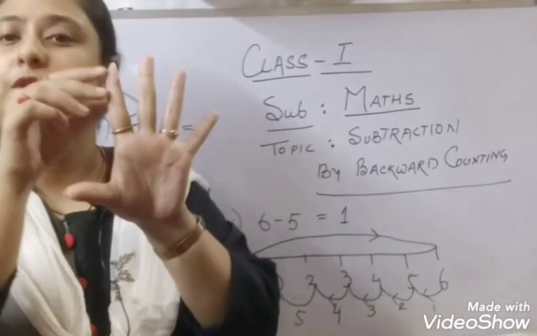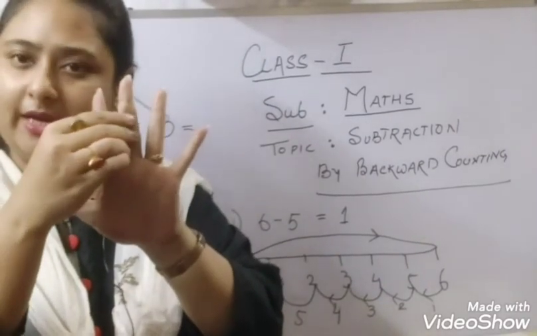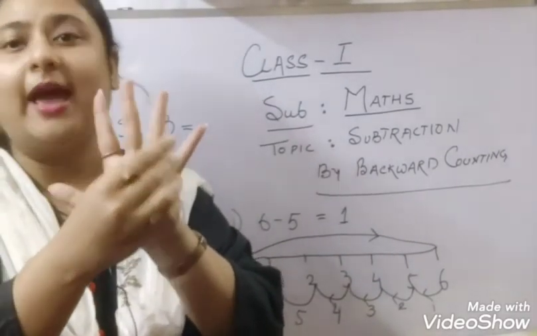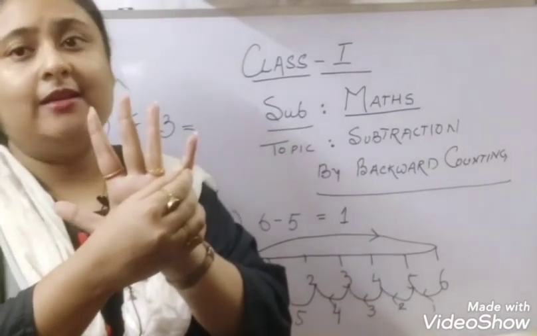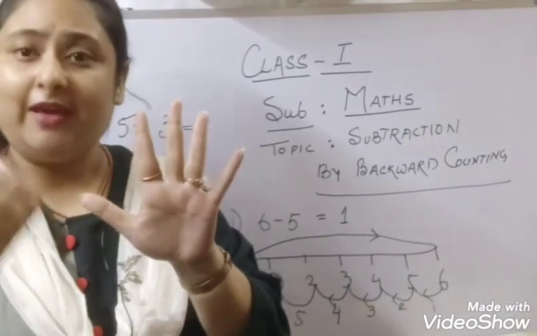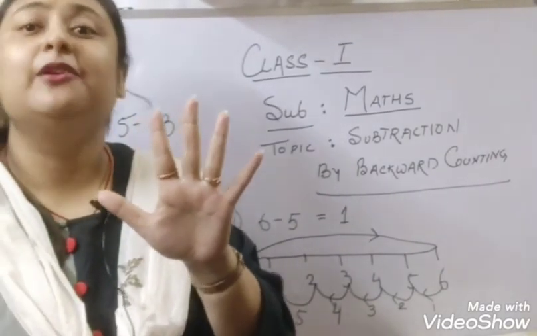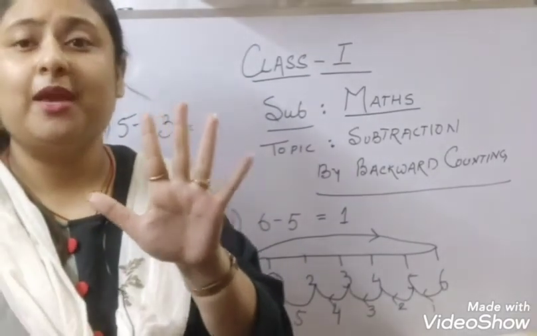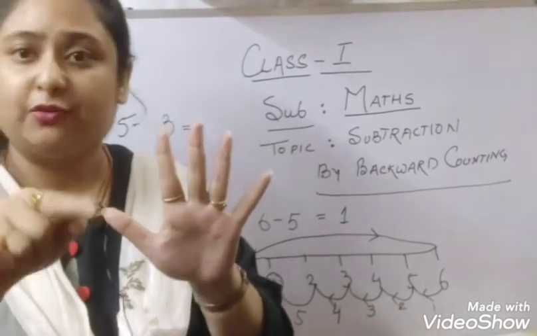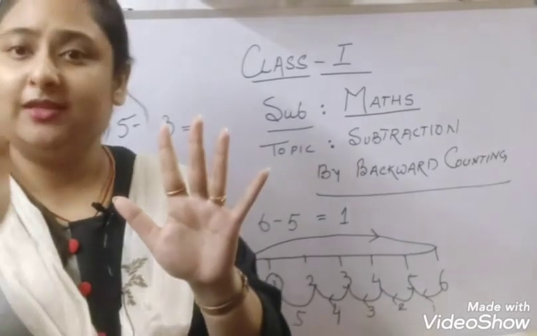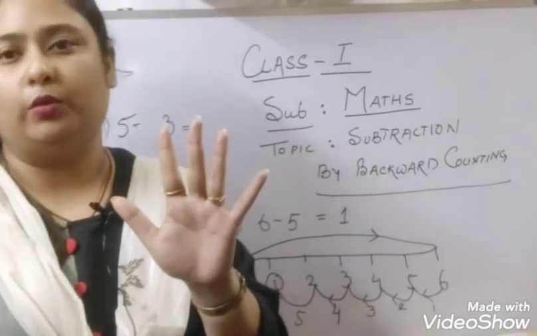1, 2, 3, 4 and 5. So in doing the subtraction, we have to count in reverse. So we have to make number 5 as number 1 while subtracting. So this is called backward counting.